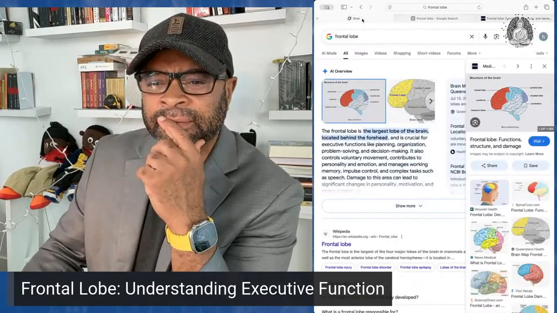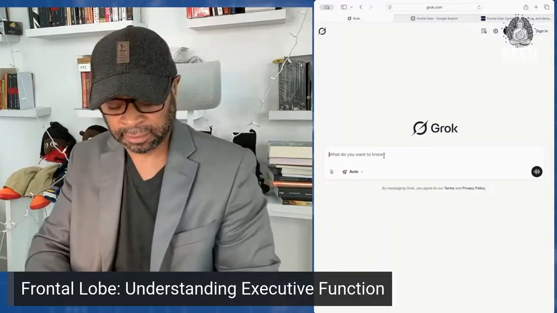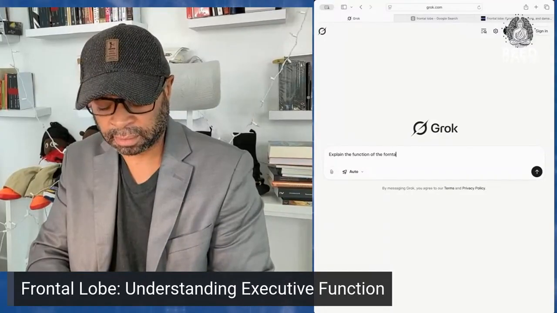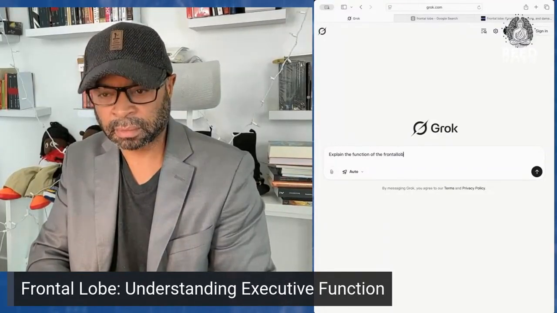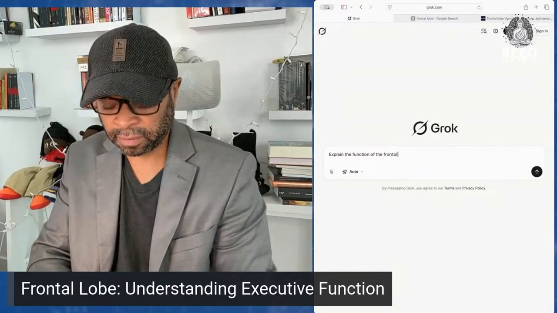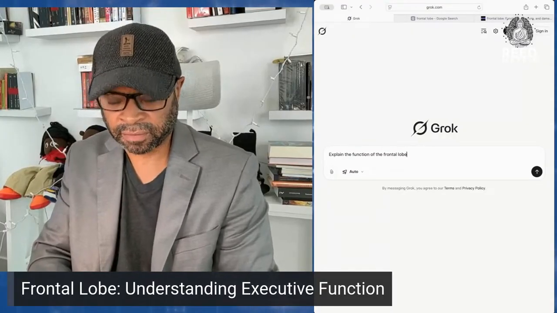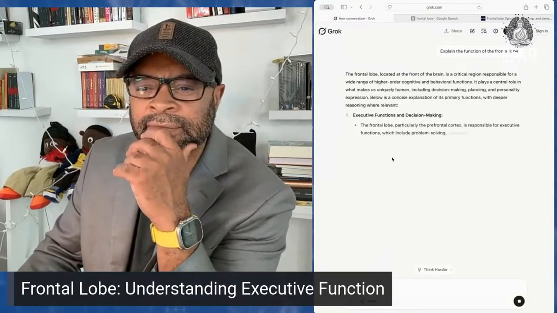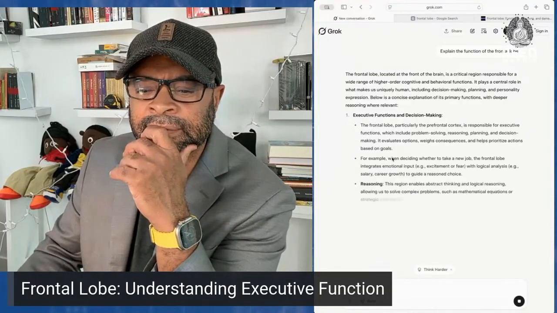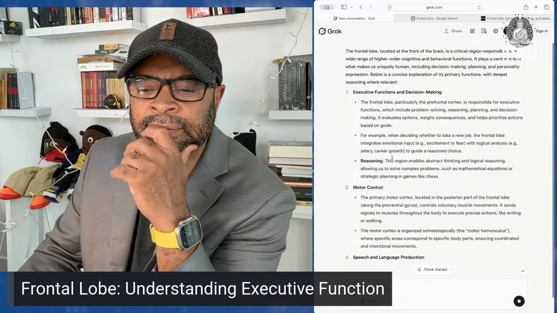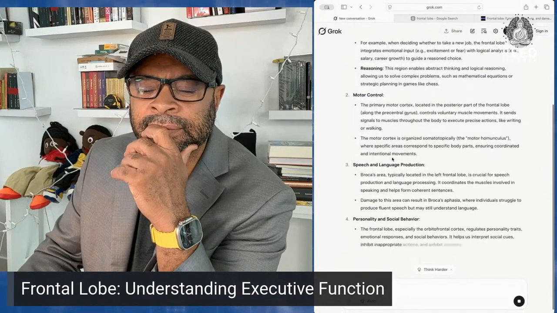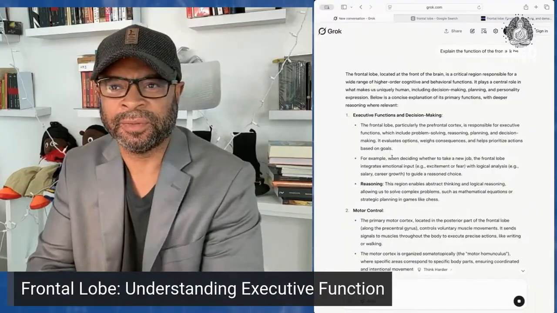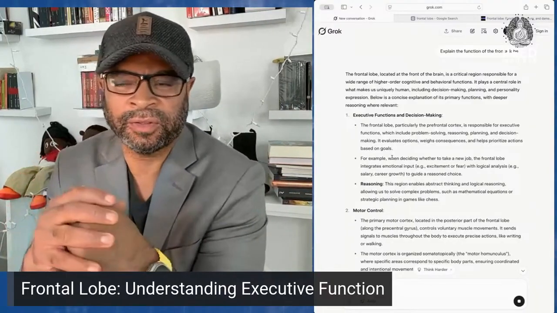So here, explain the function of the frontal lobe. In this series, remember we looked at the hippocampus and how those systems were functioning.